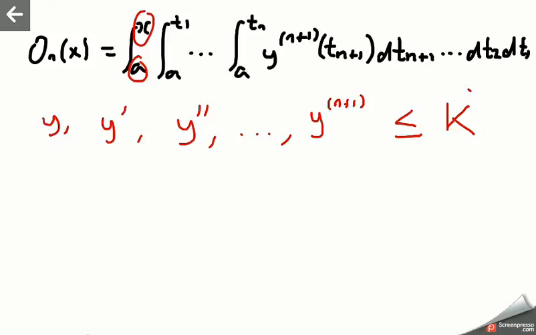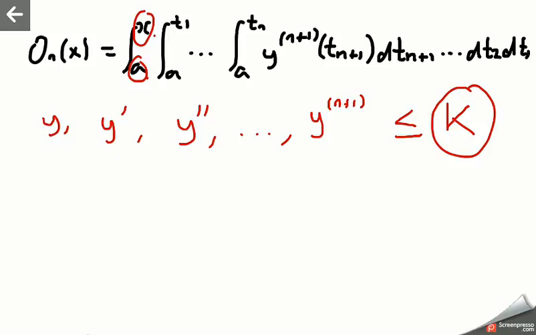So this number k is such that along the interval from a to x, the function and all of its derivatives are less than or equal to that number k for all values on that interval.